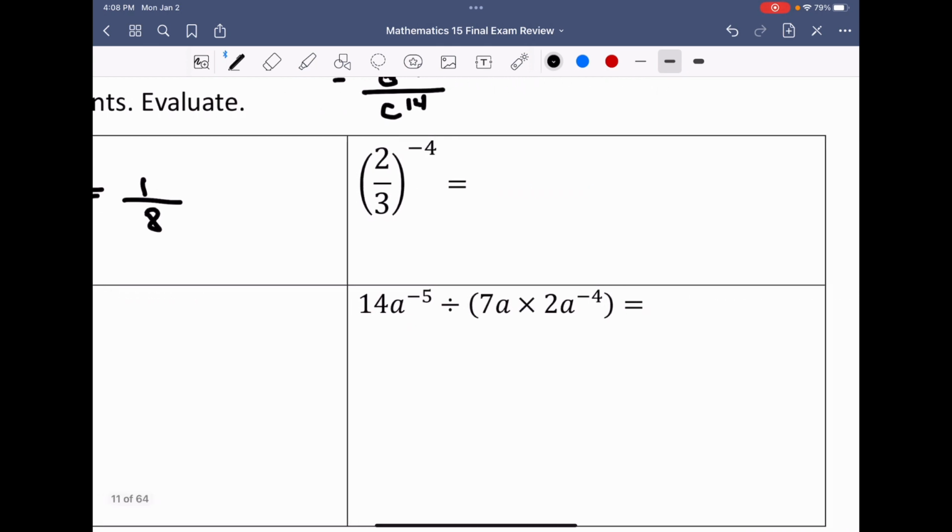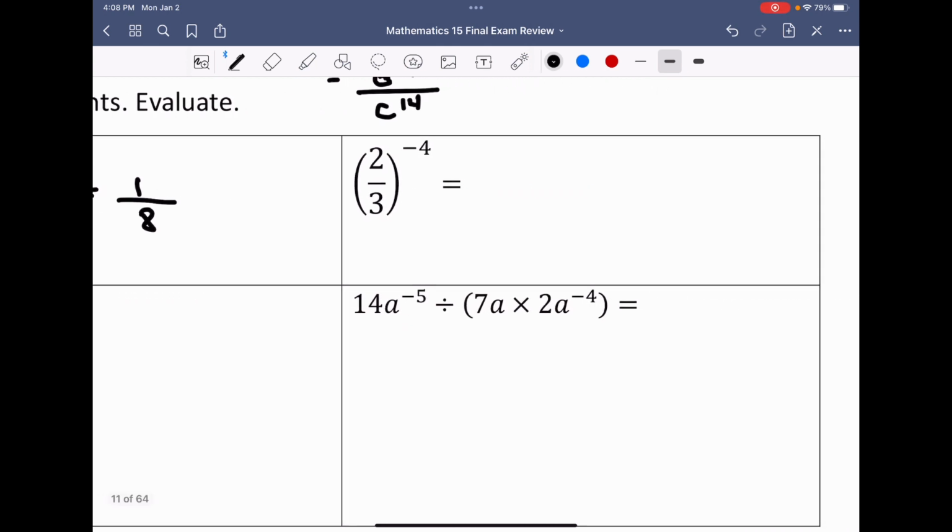All right, let's look at our next example here. It's 2 over 3 to the negative 4. What we could do is apply the power rule to each of the exponents, this negative 4. Or what I could do is say, if that exponent is negative right here, I can flip my fraction and then apply the 4 in. So here's what I mean. I'm going to do the reciprocal, 3 over 2.